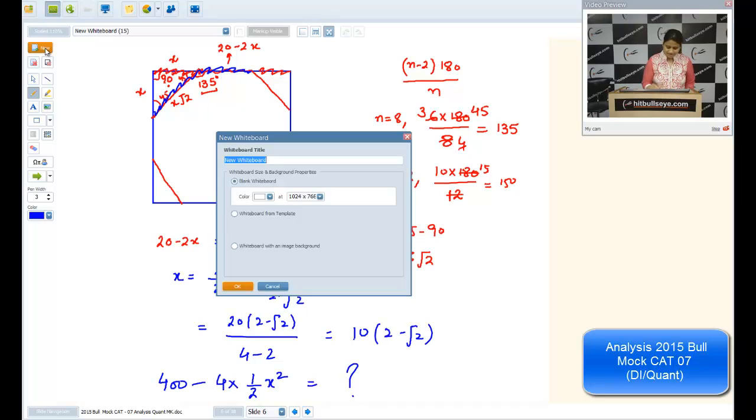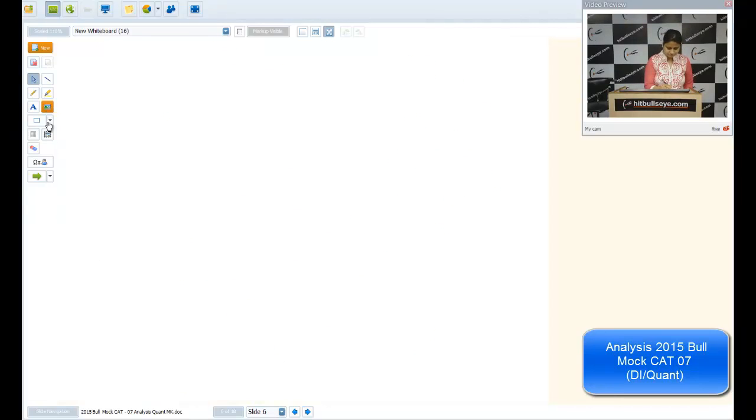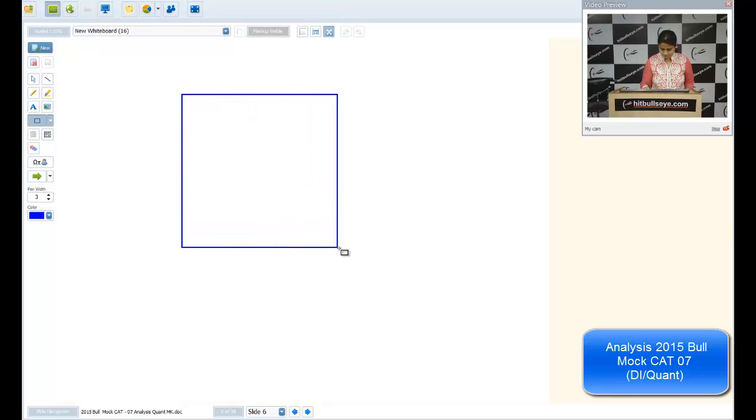Now I'm taking the dodecagon. Now the dodecagon is made in this way. Again, a cut is made.